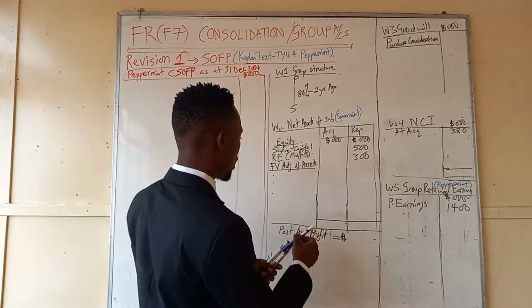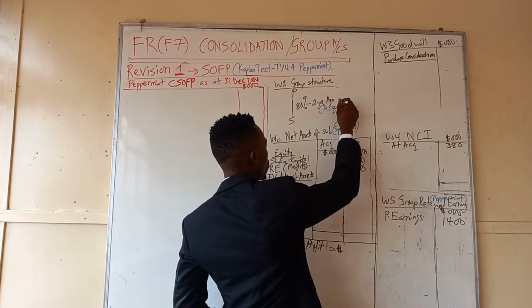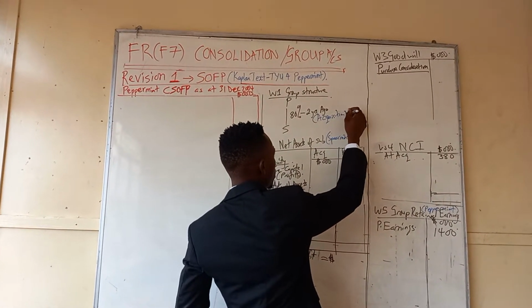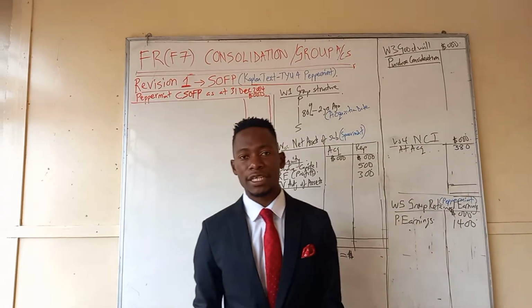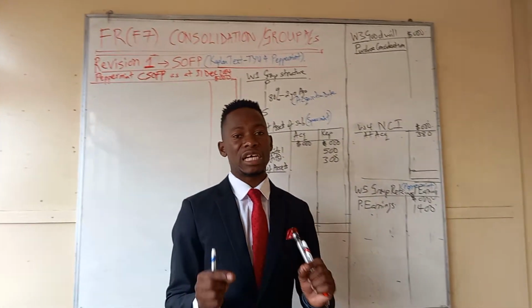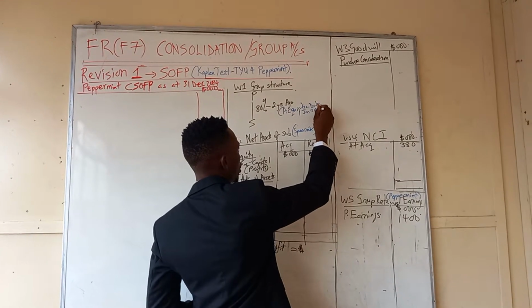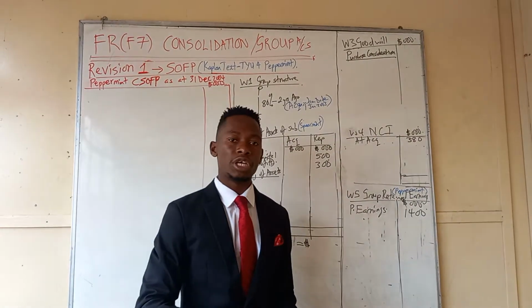That is the acquisition date. If you look at the question, the reporting date is the 31st of December 2004. This shows that the acquisition date is 1 January 2003. So from 1 January 2003 to the reporting date, we have 2 years.